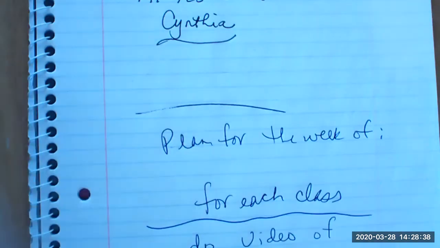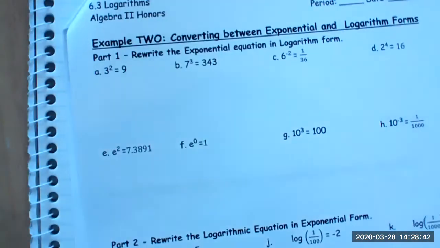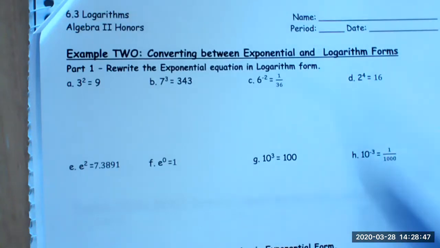All right, so we're going to do example 2 here. We're going to be converting between exponential and logarithmic forms. And when we're done with this page, I'd suggest that you do number 1 to 16 of your 6-3 Pearson assignment. Pause the video at that point and then go on to the rest after you've done those first 16 questions.